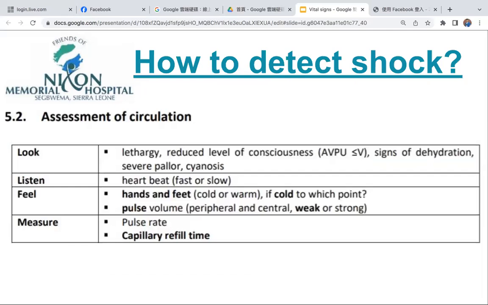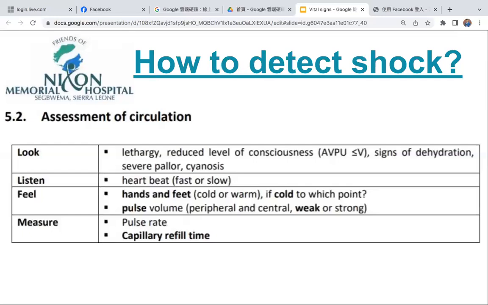So how do we detect shock? By looking at whether the patient has lethargy or a reduced level of consciousness using the AVPU scale, and we'll talk about it later. Are there any signs of dehydration? How is the skin turgor, the skin pinch? Are there any signs of severe pallor?